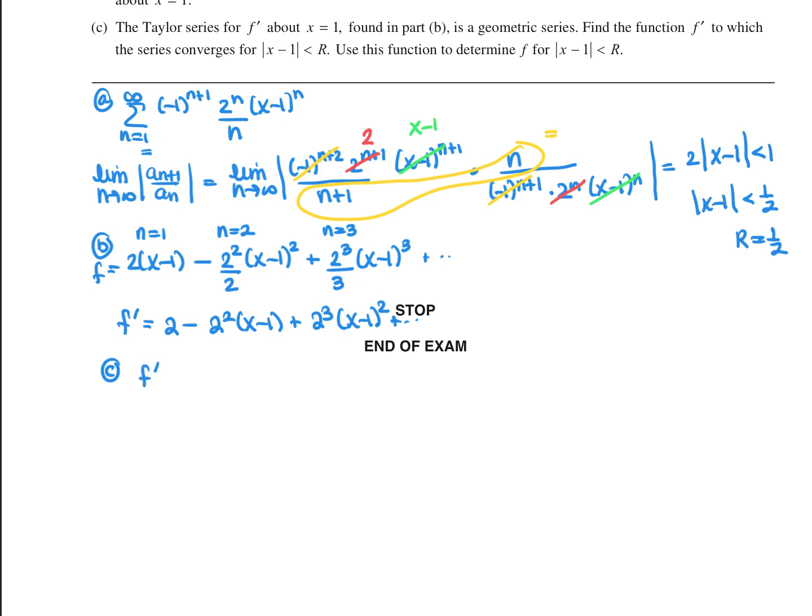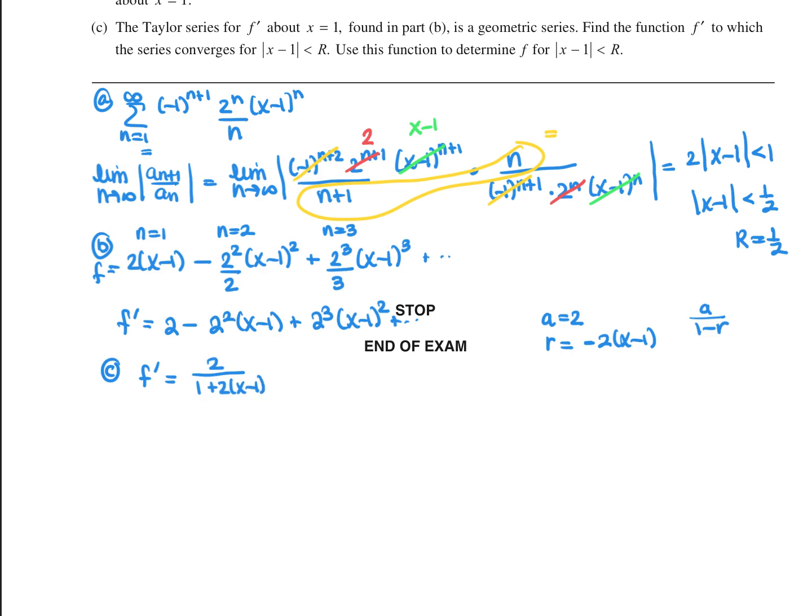So for f prime, we know our first term is 2. Our ratio, what we multiply a term by to get the next term, will be negative 2 times x minus 1. Remember, the sum for a geometric series is a over 1 minus r. So this would be 2 over 1 plus 2 times x minus 1.